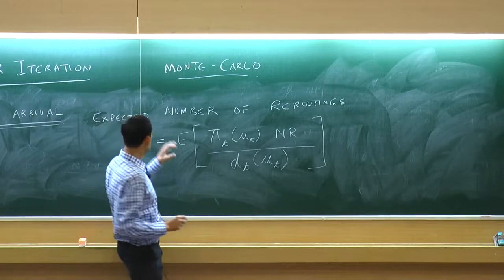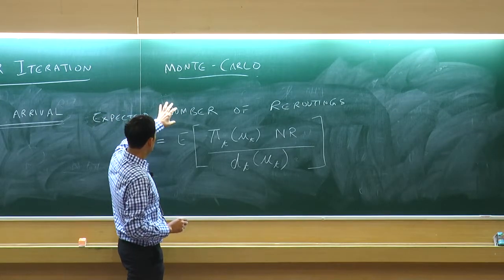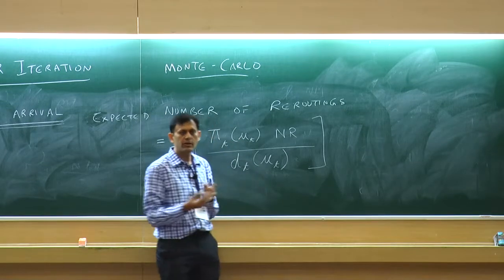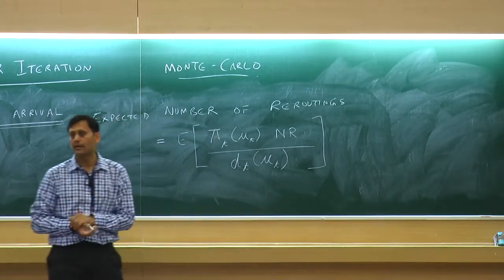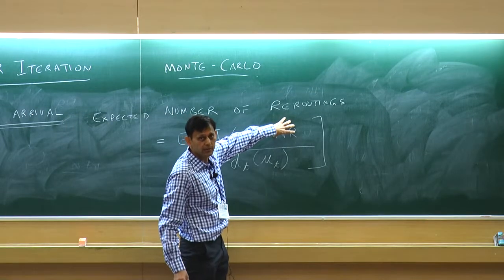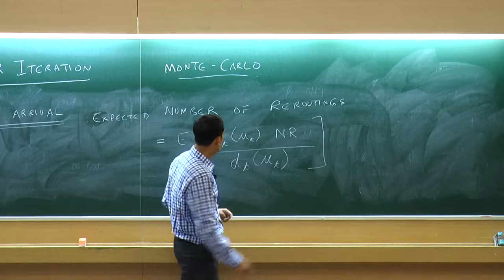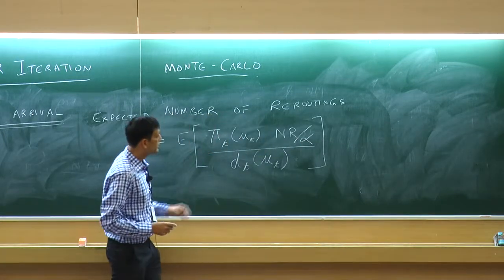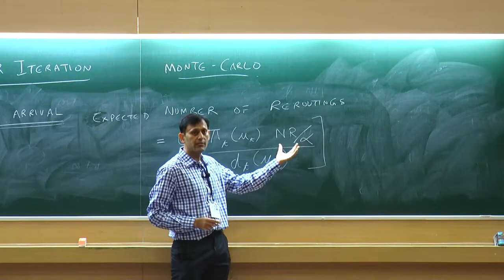The total number of short random walks that we did is n times r. Maybe there's an alpha here. The total length of these random walks is nr over alpha.